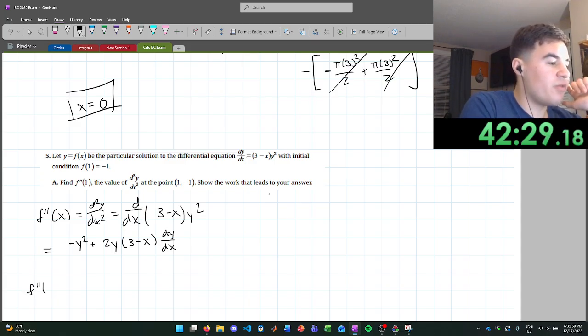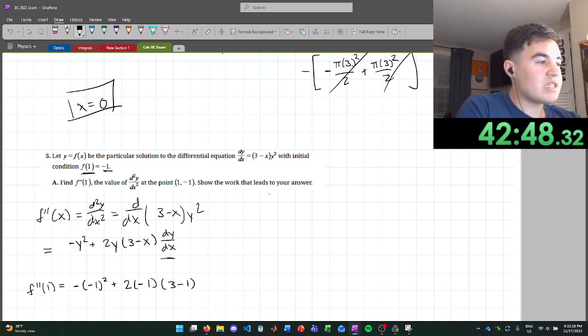We find f double prime of 1. It's going to be plug in values. So we know x is equal to 1. We also know that y at 1 is equal to -1. So we have -1 squared plus 2 times -1 times 3 minus 1.